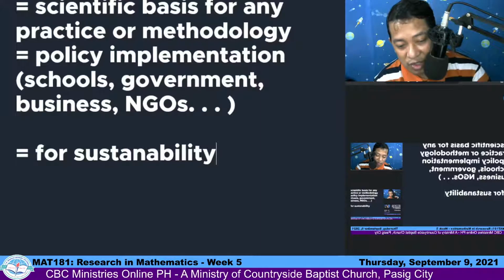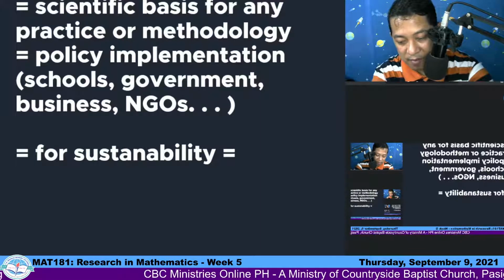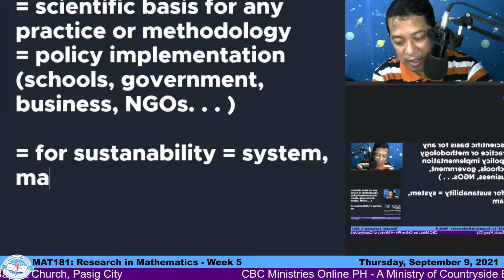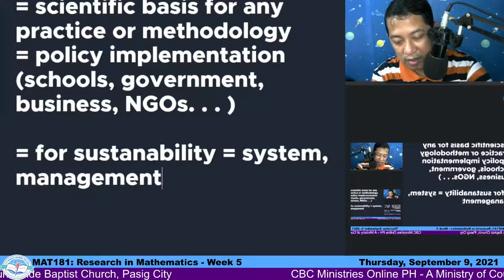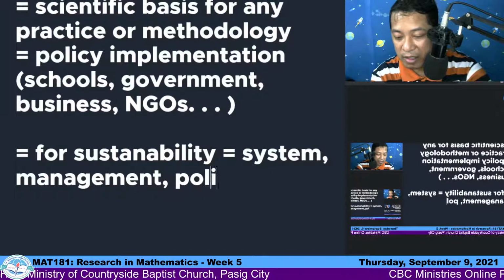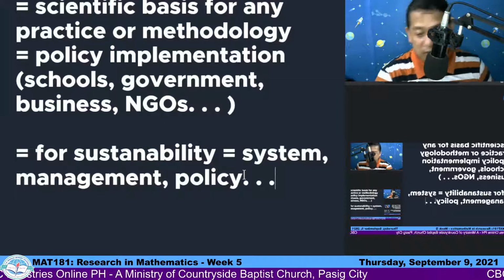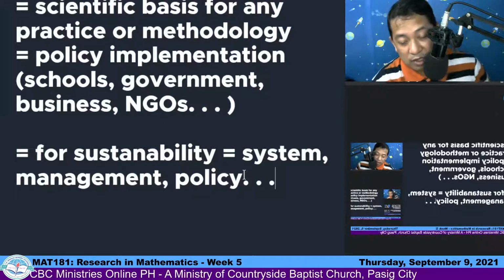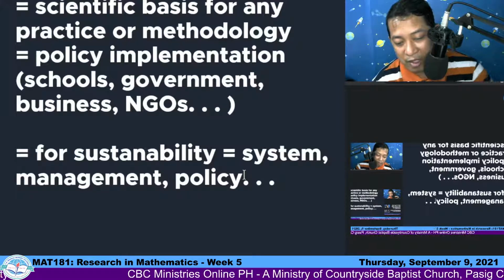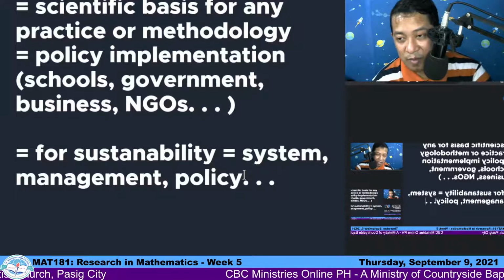However, to sustain a particular system, it may pertain to a system or management, or policies in terms of sustainability, no, and etc. So yung mga dapat nagpapatuloy, so we need to research how to improve, what we could do to improve a system that's already built in, no?